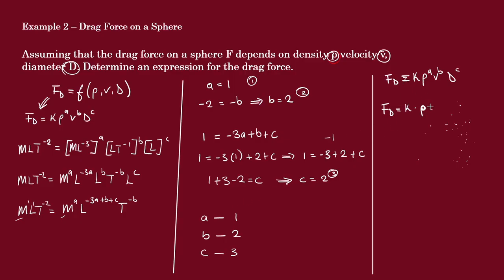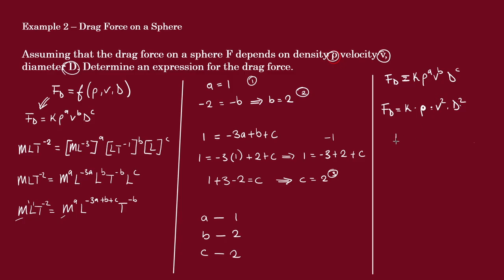We said A is 1. V is raised to power B, so that's V squared. And D is also going to be raised to power C, which is 2. So D is raised to power 2.